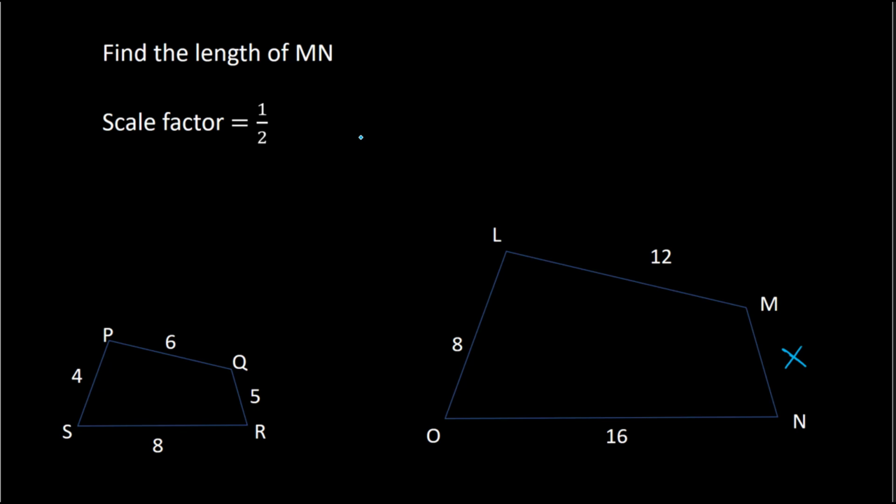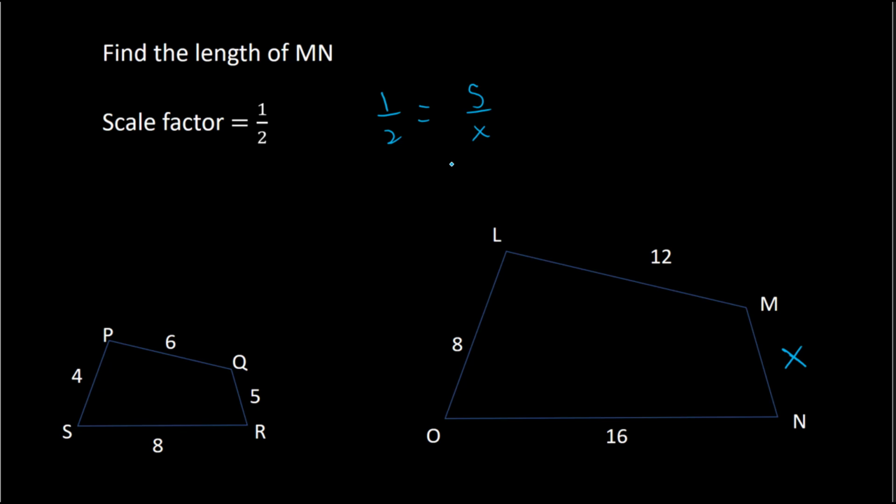I know that this ratio of 1 to 2 will be the same with any pair of corresponding sides. So 4/8 is 1 to 2, 6 to 12 is 1 to 2, 8 to 16 is 1 over 2, 5/x is also 1 over 2. We just don't know what x is, but that ratio, 5/x, would also equal 1 over 2.